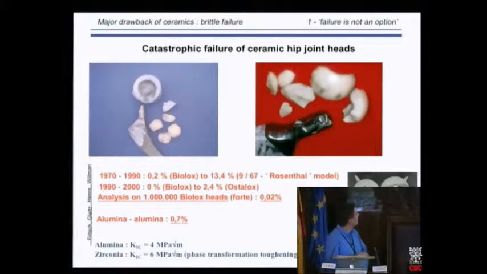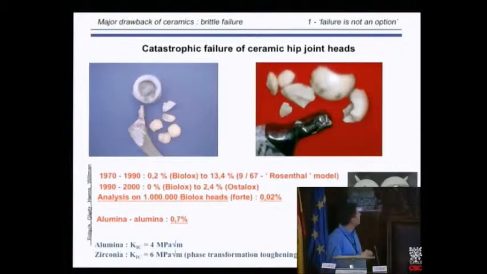If we took, for example, the failure rate in the 70s to the 90s, it could be from 0.2%, but for the Biolox product from CeramTec, they claim 0.2% up to more than 10% failure ratio. So that was really high and unacceptable.